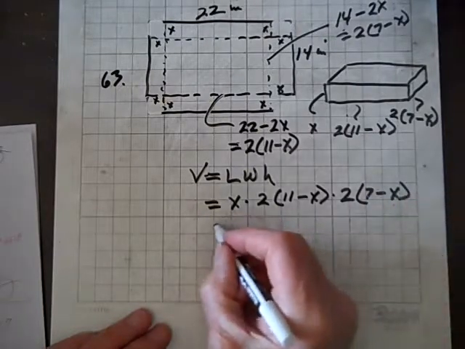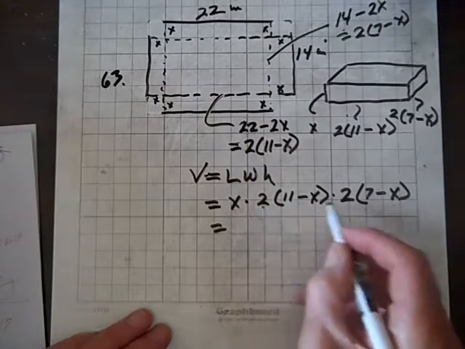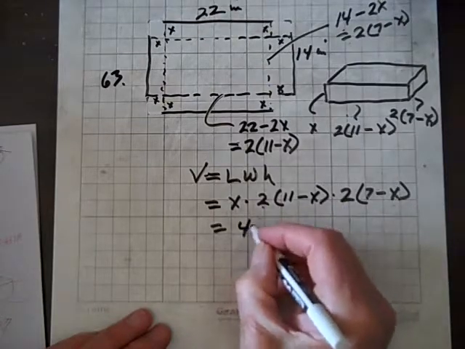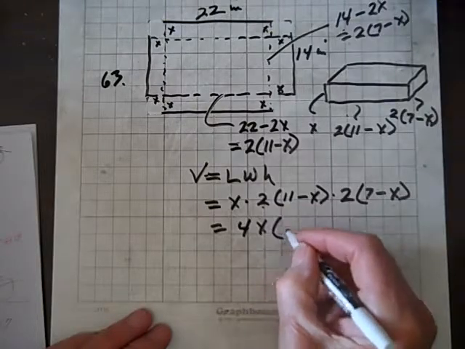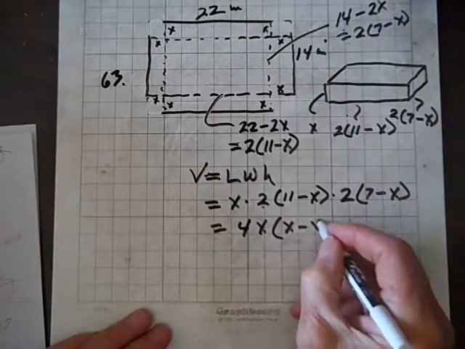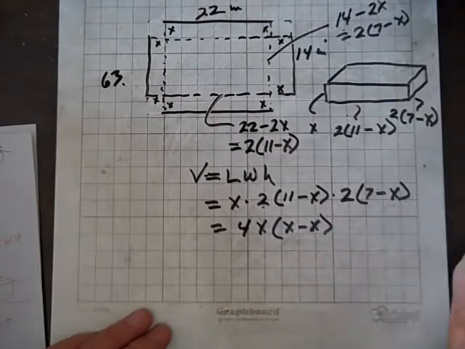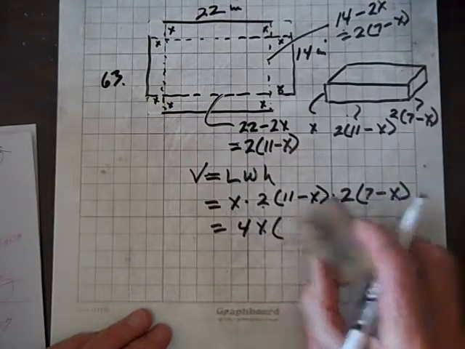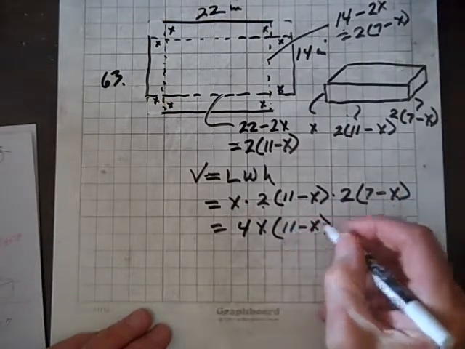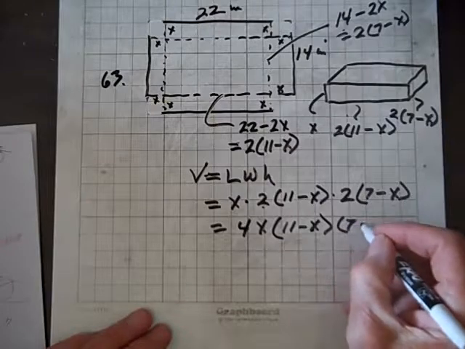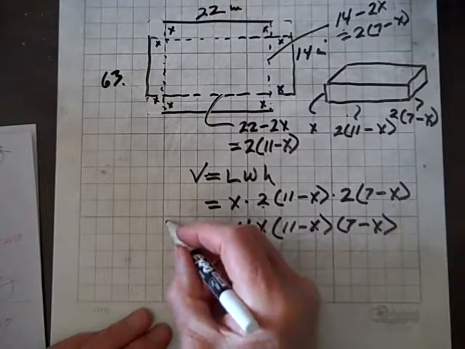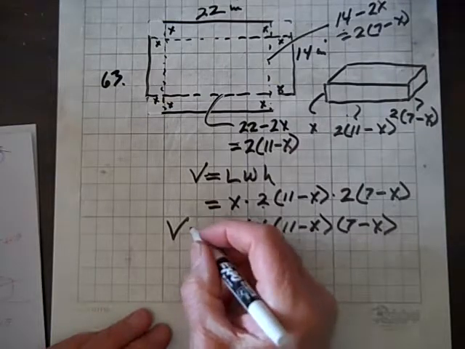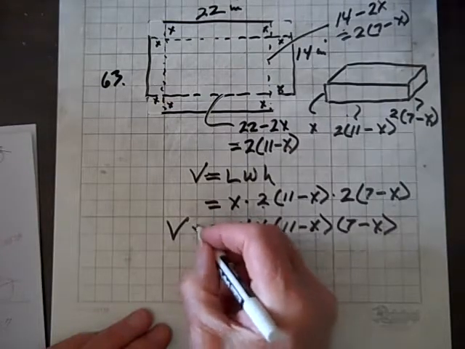Now when we multiply these together, 2 times 2 is 4, and x is simply x, and then we get 11 minus x times 7 minus x. And there's our function, volume as a function of x.